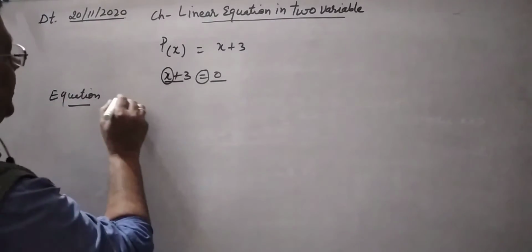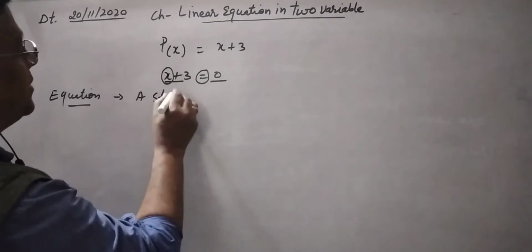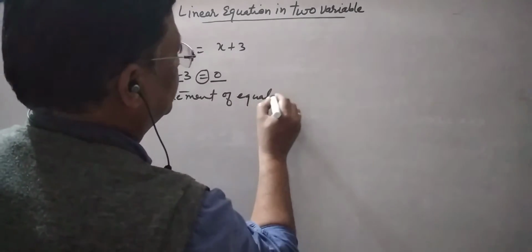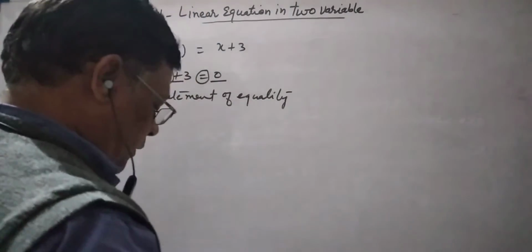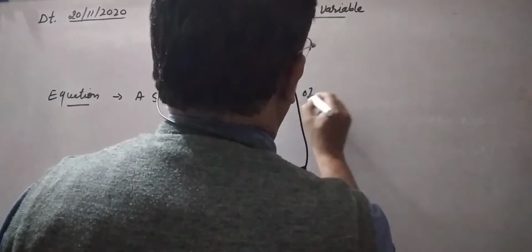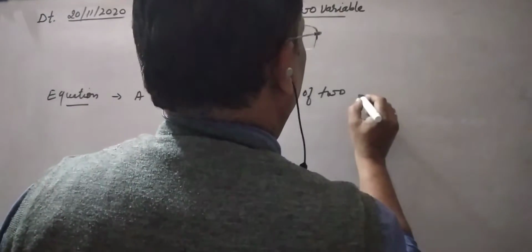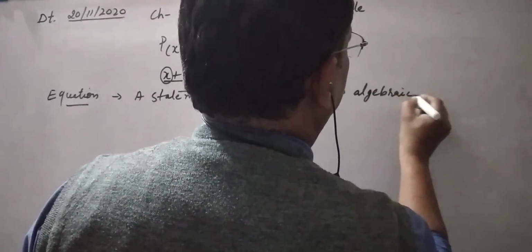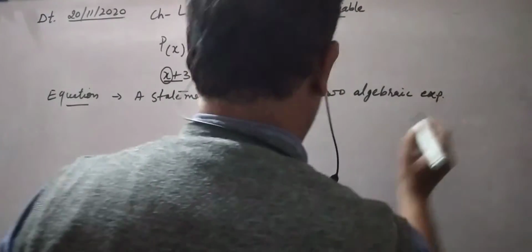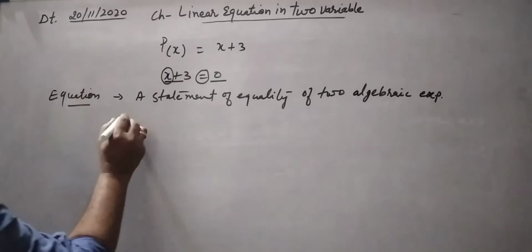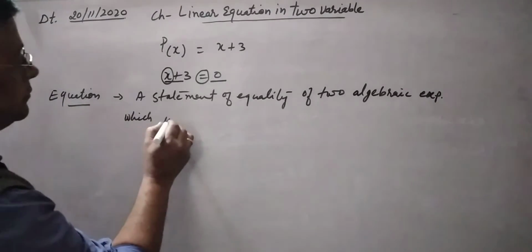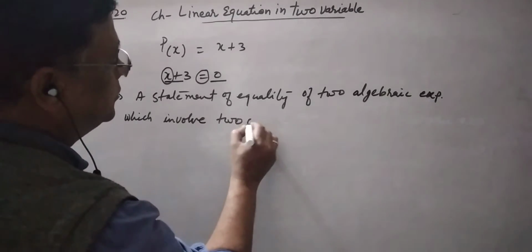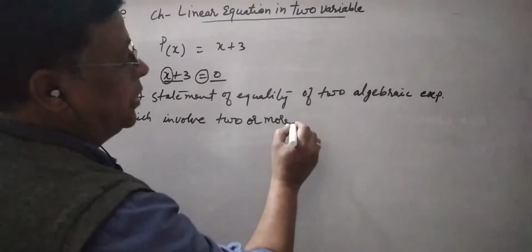A statement of equality of two algebraic expressions which involve two or more unknown quantities.